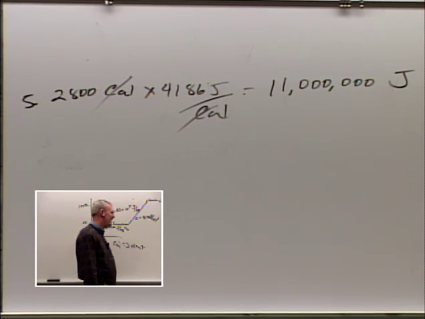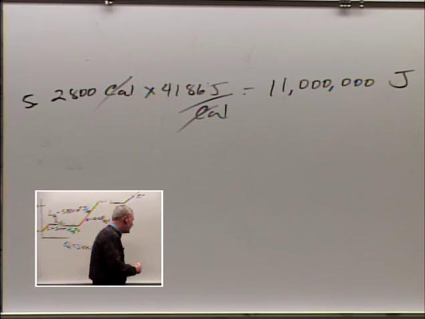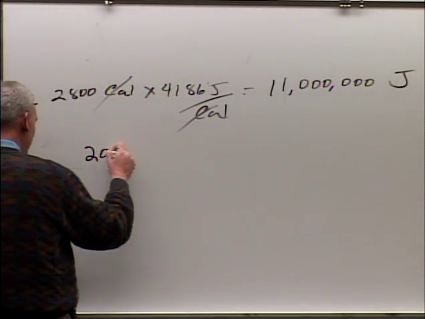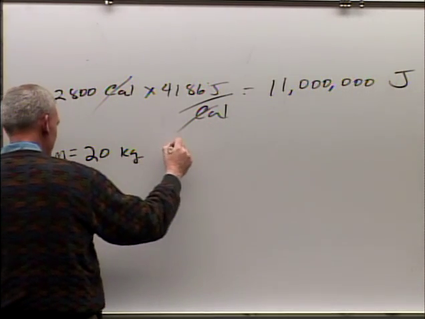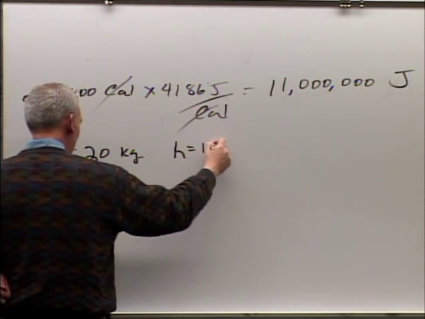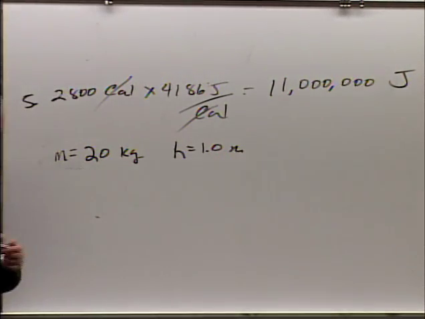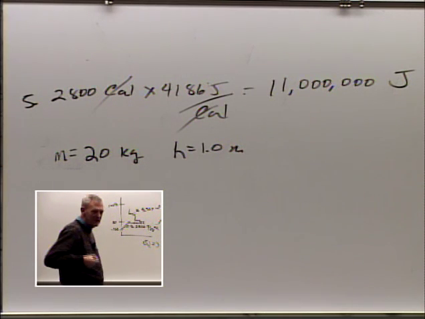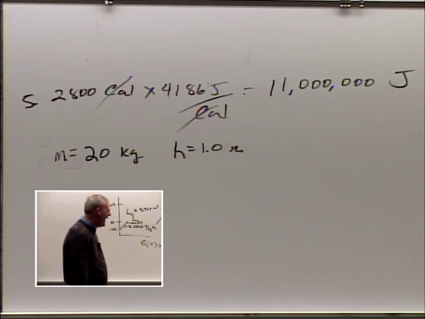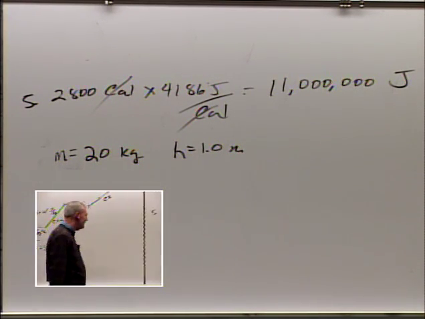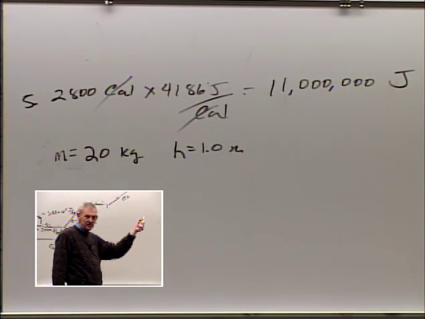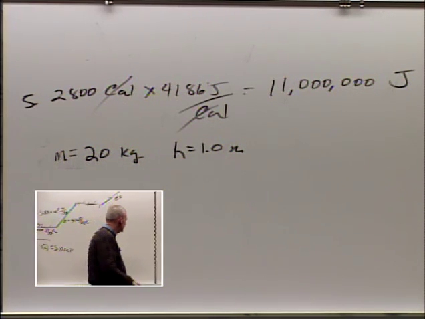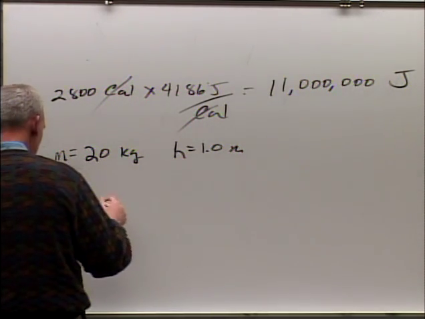Okay, now then, he's going to lift a 20 kilogram mass 1 meter. h equals 1 meter. We're going to say there's zero work done when he goes back down because gravity's doing the work then. How many times is he going to have to lift this thing to burn off 11 million joules? Well, let's see.